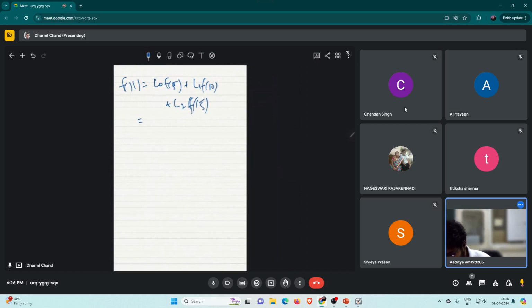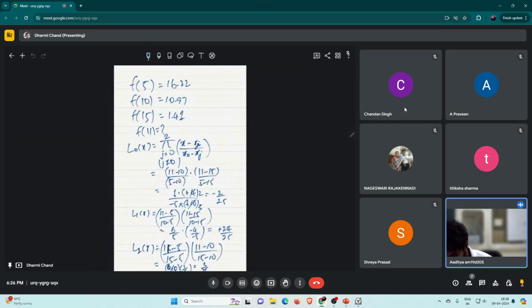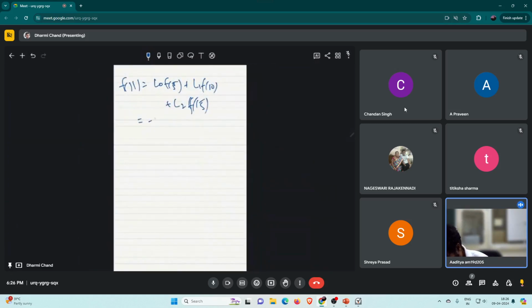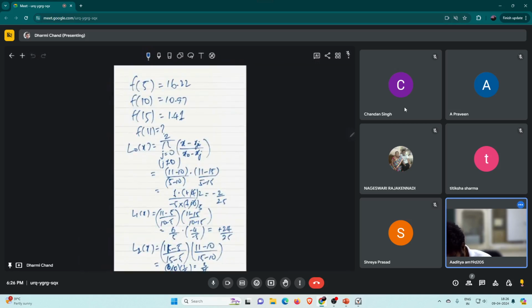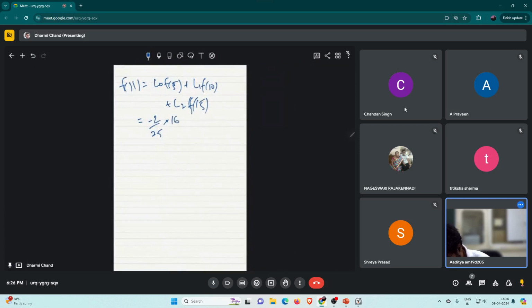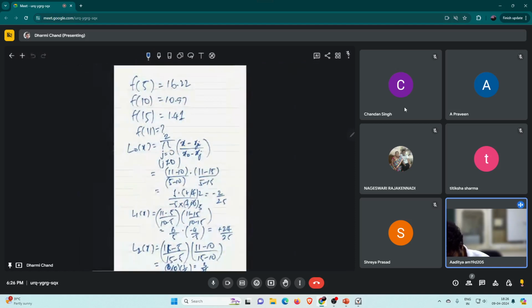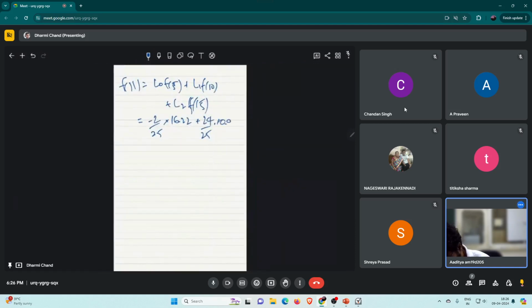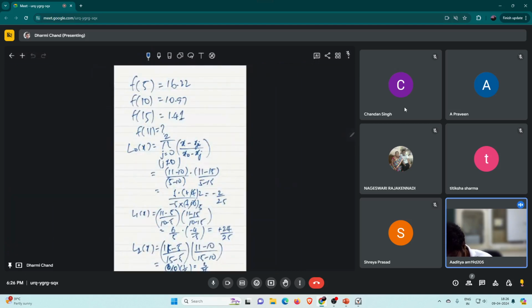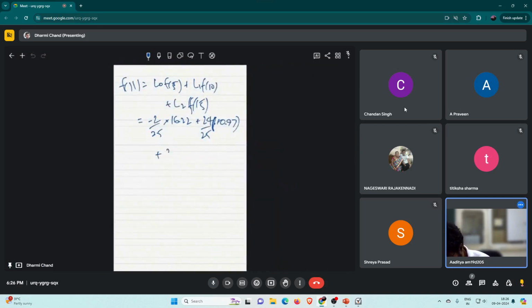L0 was minus 2 by 25, into 16.22, plus 24 by 25 into 10.97, plus 3 by 25 into 1.41.